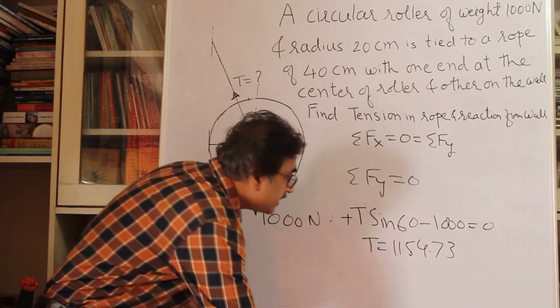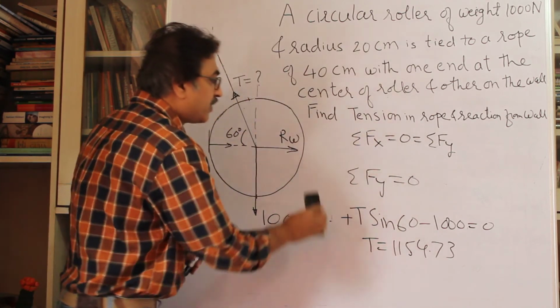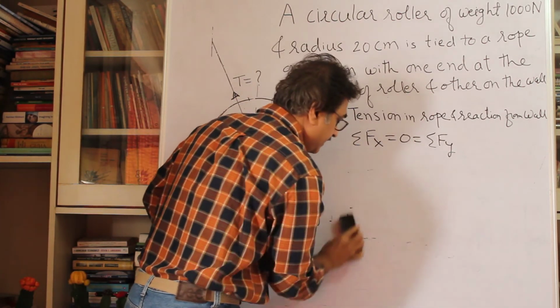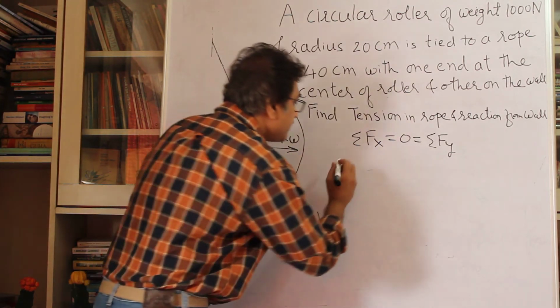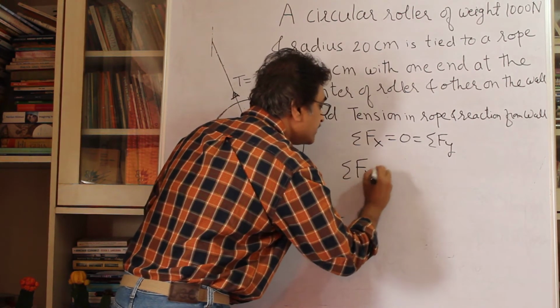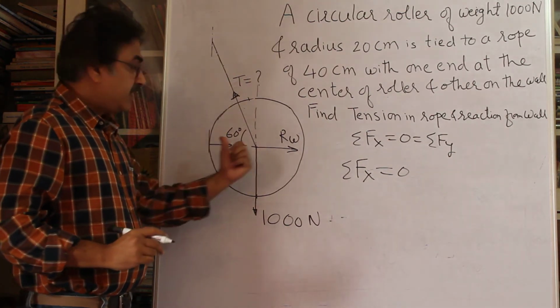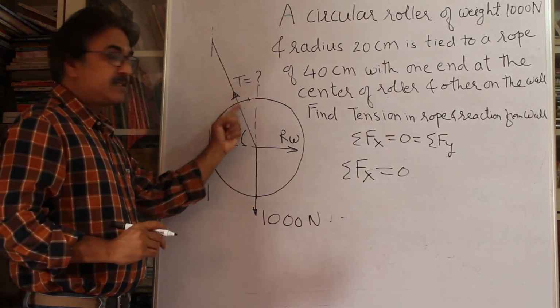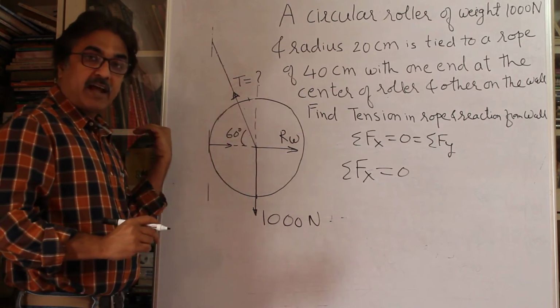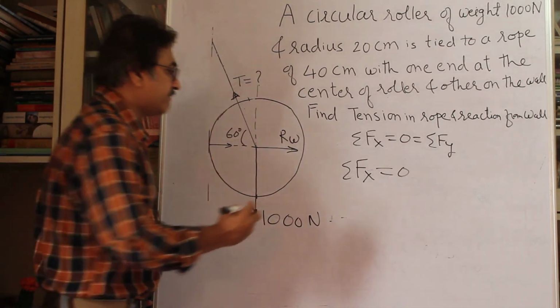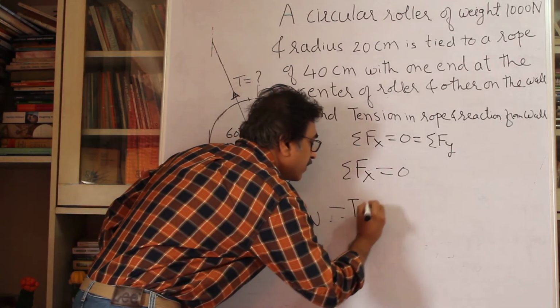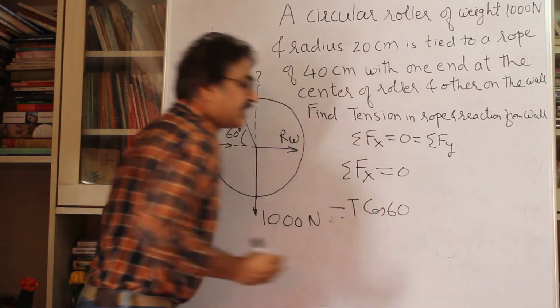Now you resolve it horizontally, that means sigma Fx is equal to 0. What do you do? This is T cos 60. Look at this. This is away. When you resolve it, it's going to be towards left. Left we consider generally negative. So it is minus T cos 60, right?